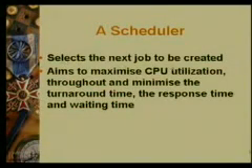It selects the next job to be created, and the scheduler aims to maximize CPU utilization, performance, and throughput, and minimize the turnaround time, that is the time between the job being submitted and responded to, the response time, the time a CPU takes to respond to my program, and waiting time.